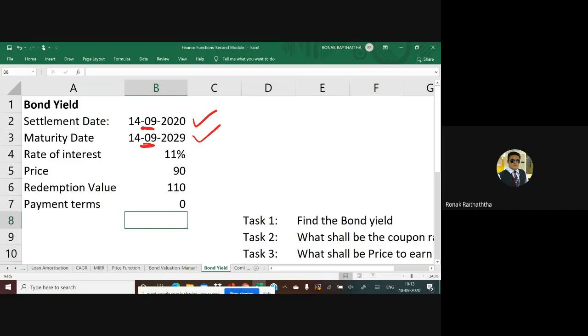So 14th of September 2029 is going to be the maturity date. That means at that date, your money will be returned to you. Till this point of time, the interest rate you are going to get is 11%. You have invested in the bond at the price of 90, and the redemption value that you will be receiving after the end of the maturity of this bond will be 110.